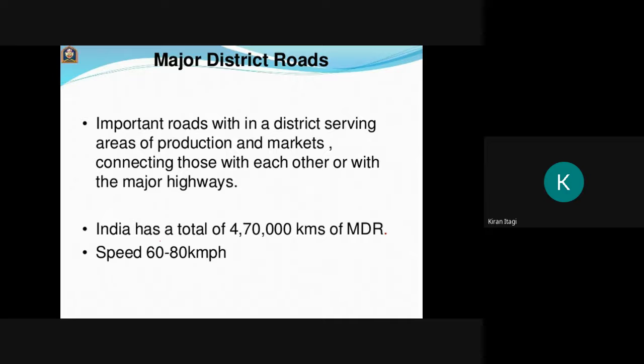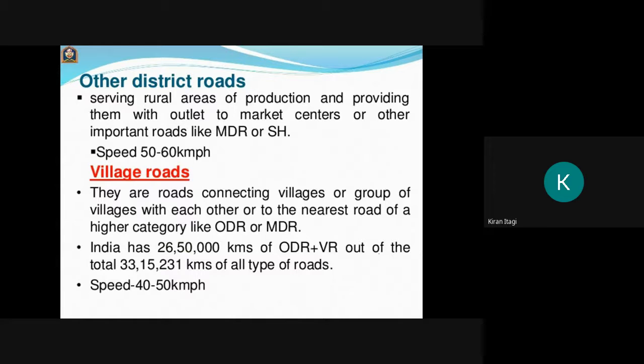For major district roads, which connect to the state highway, the design speed will be 60 to 80 kilometer per hour. For other district roads it is 50 to 60 kilometer per hour, and for village roads it is 40 to 50 kilometer per hour.